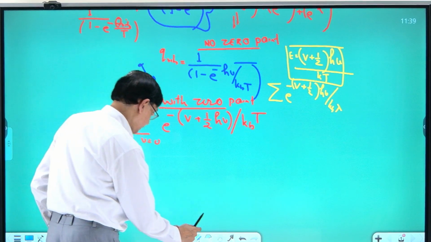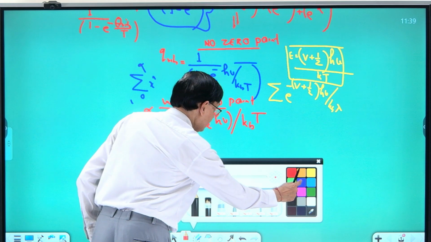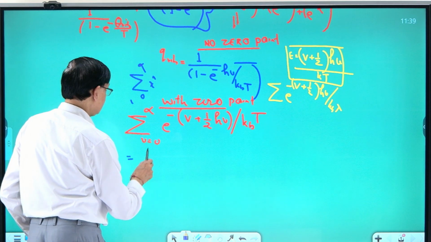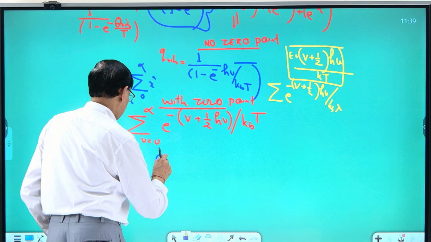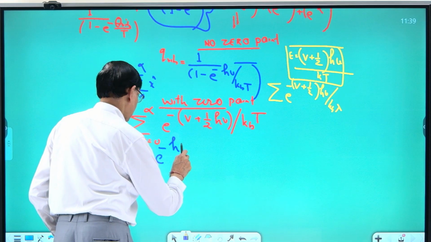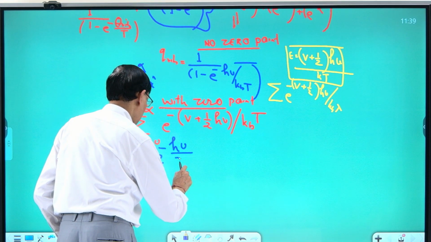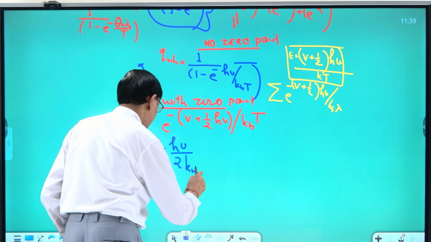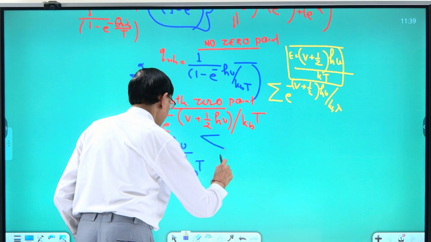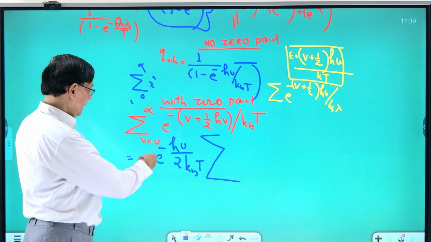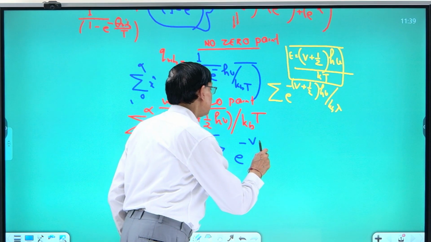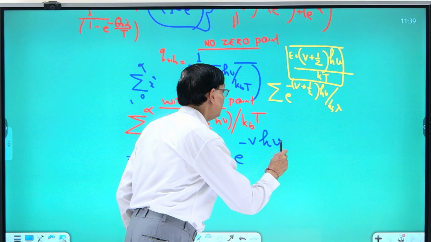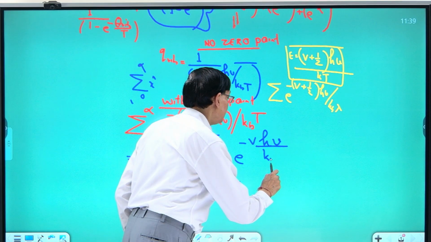So again I change the normal color, just 2 minutes. If I write exponential minus h nu by 2 kBT, summation, okay, exponential minus v h nu divided by kBT, just like your old system.